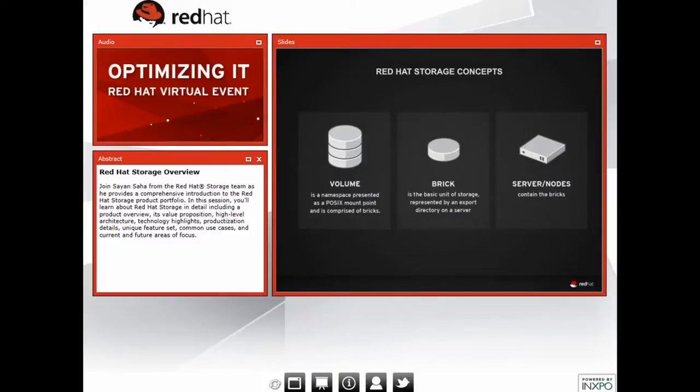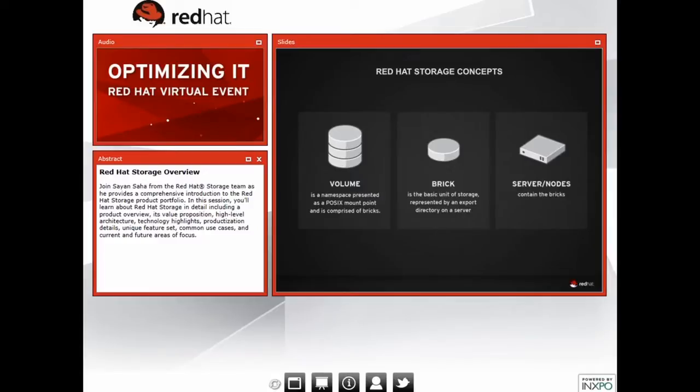Some of the key concepts in Red Hat storage pertain to these three things, which are a volume, which is basically a namespace presented as a POSIX mount point, which is comprised of bricks. The brick is the basic unit of storage, which is represented by an export directory on a server.